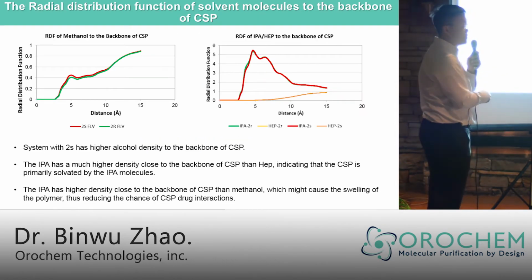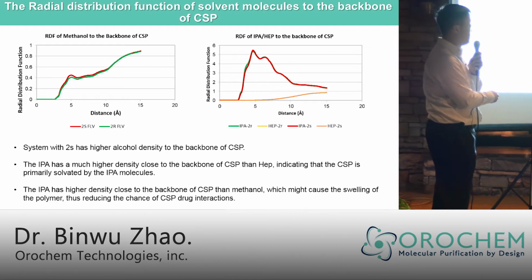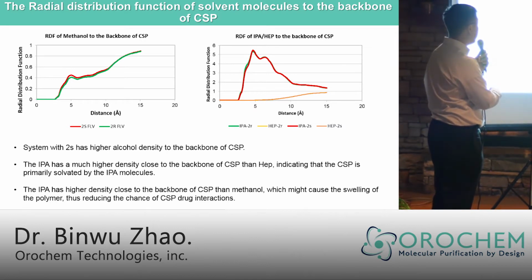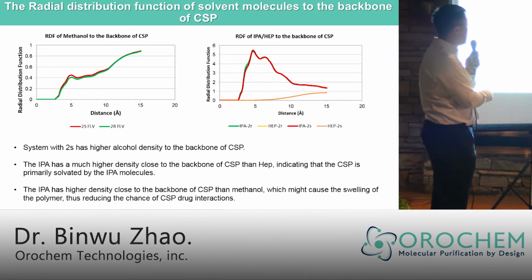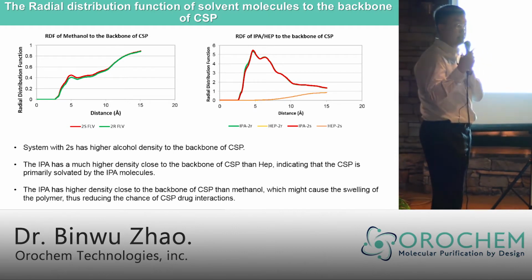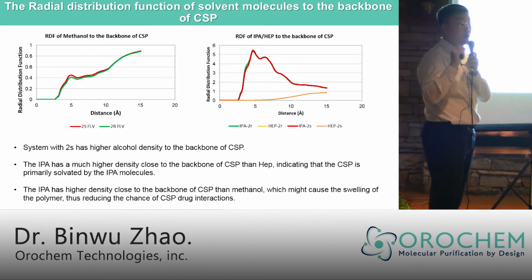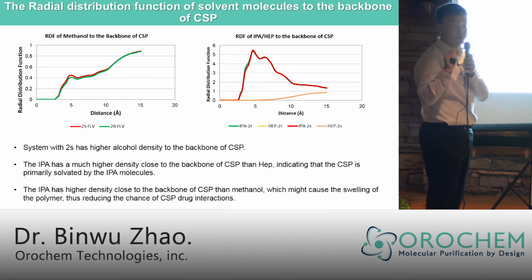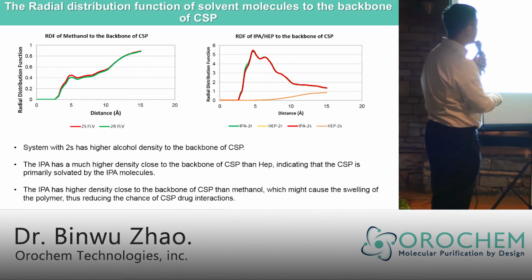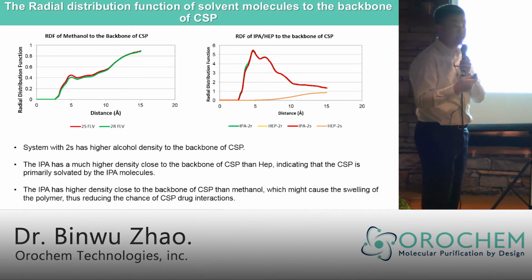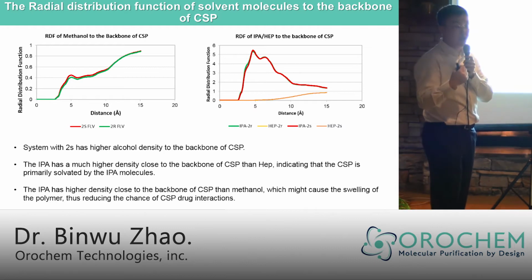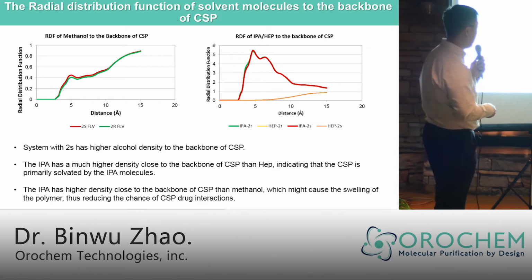When we look at the radial distribution function of methanol, and this is the distance between methanol and the backbone of the CSP, you have a peak here around 5 angstroms, meaning around 5 angstroms is the highest density of methanol close to the backbone of the CSP. And the red curve is above the green curve, indicating when you have 2S in the system, you are also having more solvent molecules close to the backbone of the CSP.